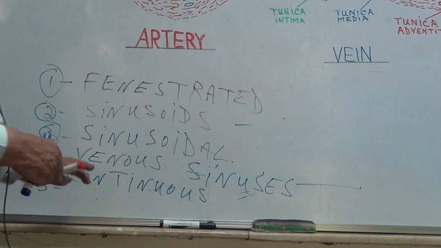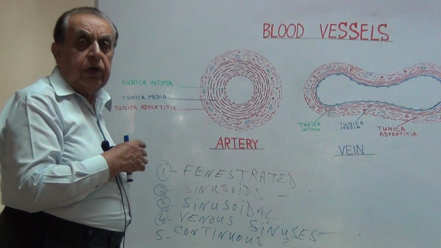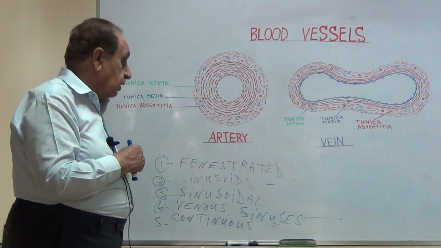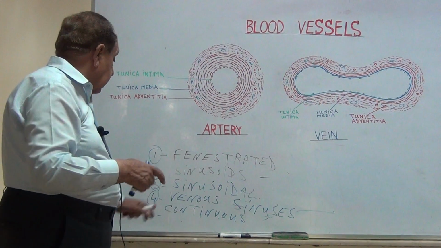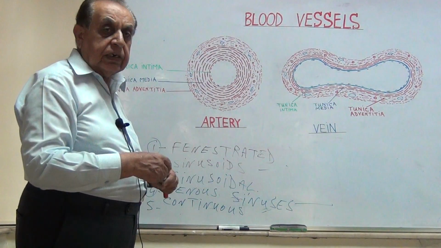They have no fenestrae, no pores. They have intercellular gaps, and the venous sinuses are present in the spleen.